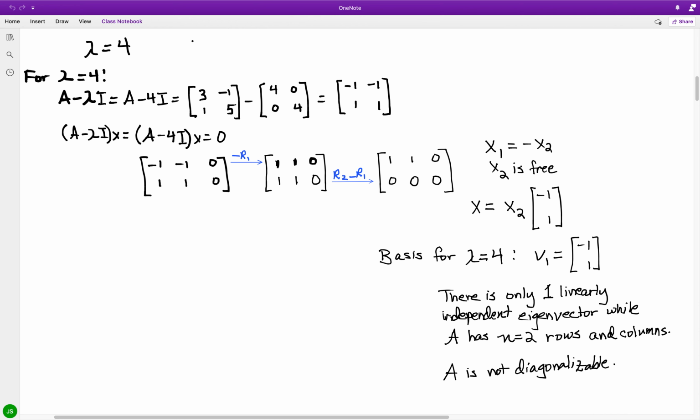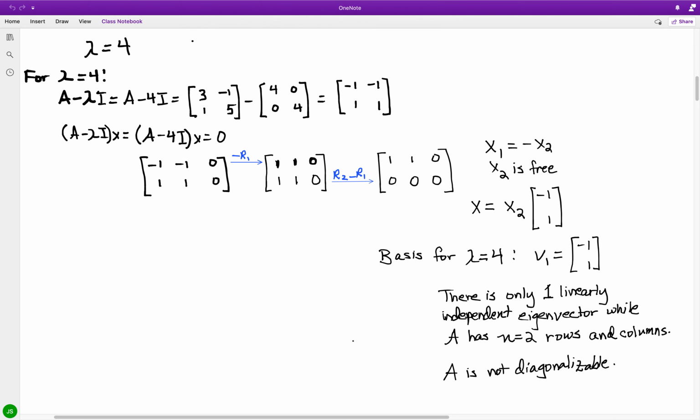In trying to find out if we can diagonalize, looking at this from an eigenvector perspective, there is only one linearly independent eigenvector, while A has 2 rows and columns. Since there's a deficiency in the number of linearly independent eigenvectors, A is not diagonalizable.